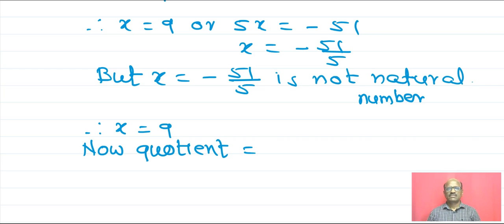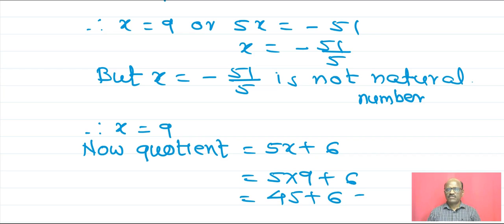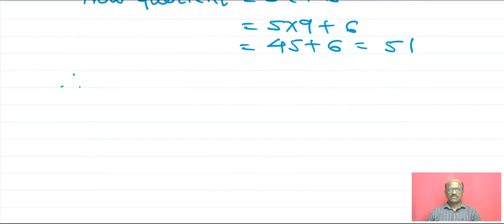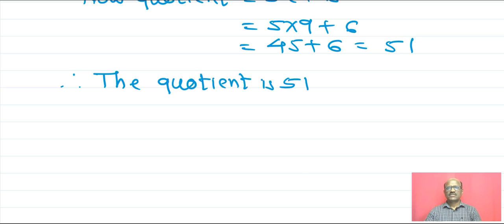Therefore, the quotient is 5x plus 6, 5 into 9 plus 6, 45 plus 6, that is equal to 51. Therefore, the quotient is 51 and the divisor is 9.